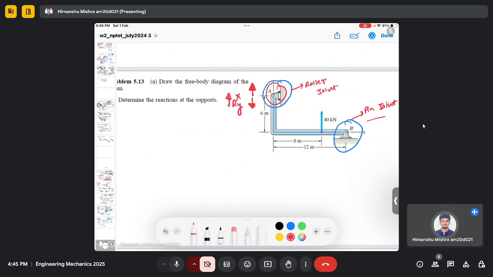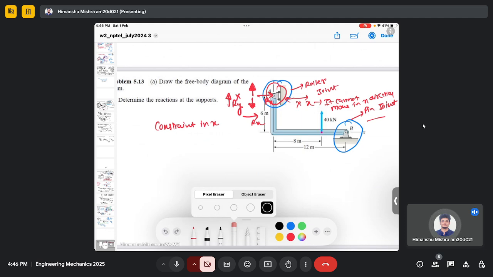But this bar cannot move in the x direction, which means its motion is constant in the x direction, and there will be a reaction force Rx due to the constant motion in the horizontal direction.